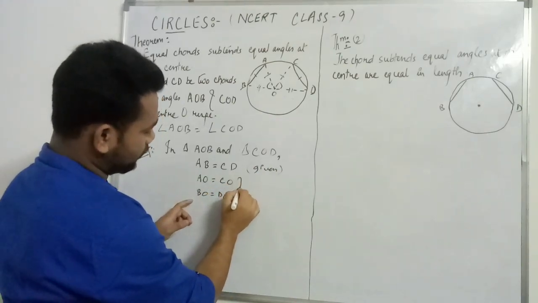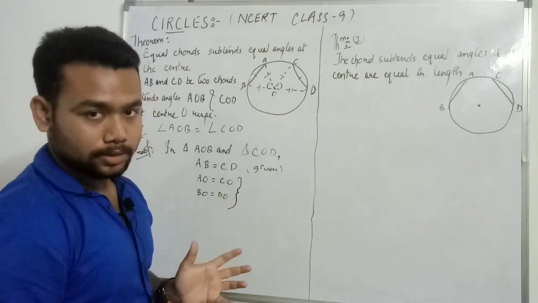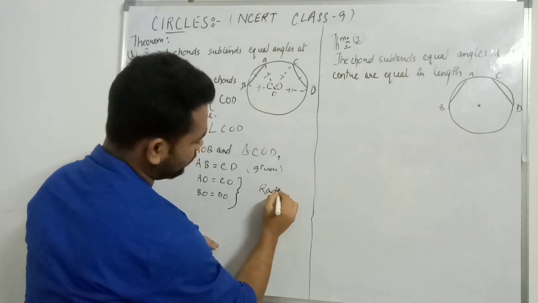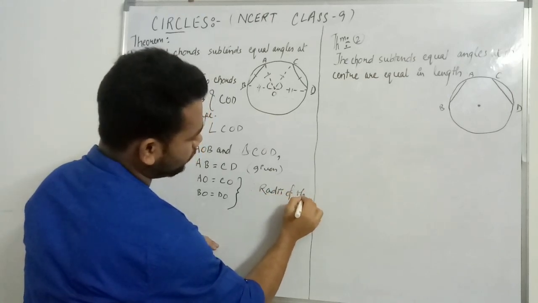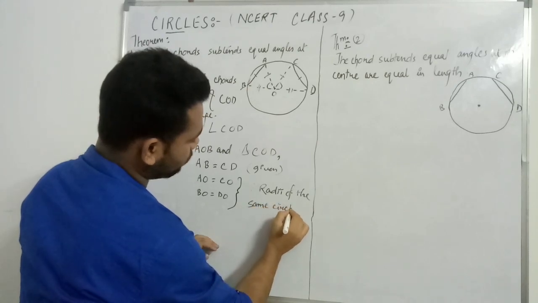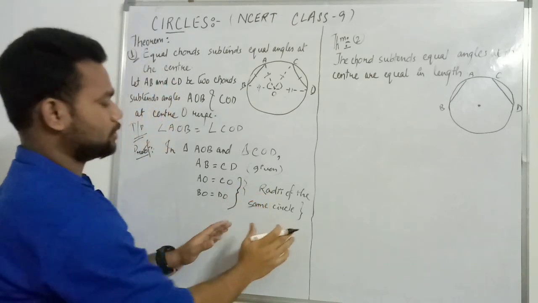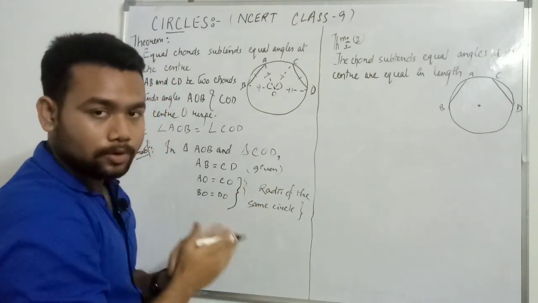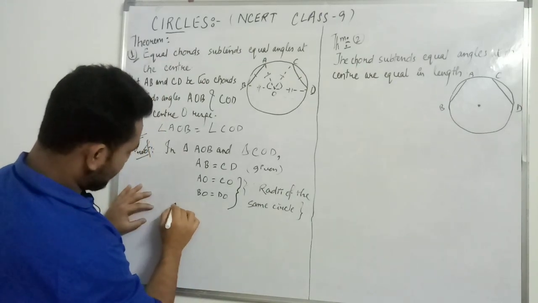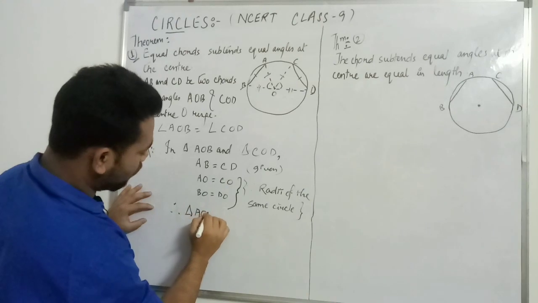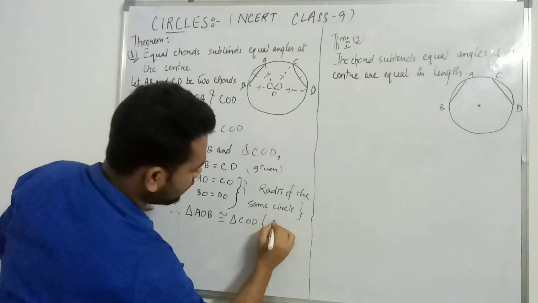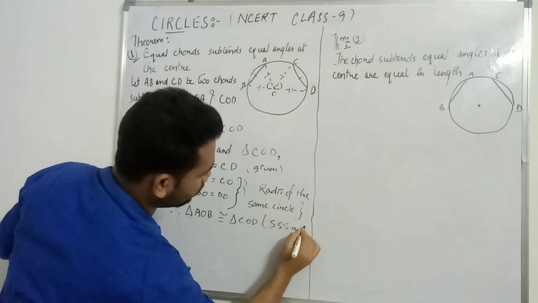These are the radii of the same circle. So what we got? We finally saw the triangle AOB is congruent to triangle COD by SSS rule.